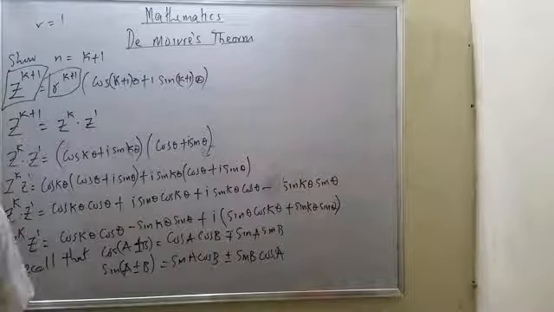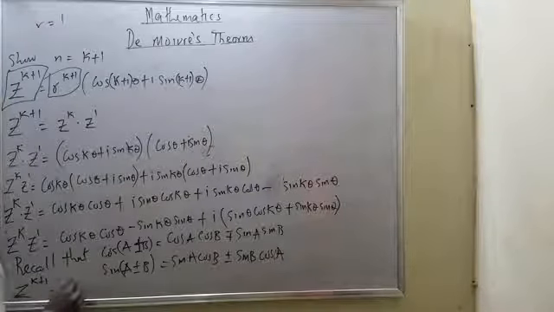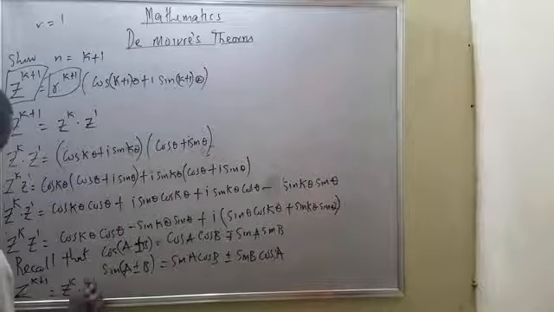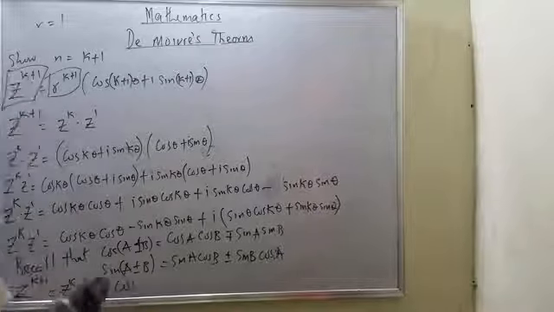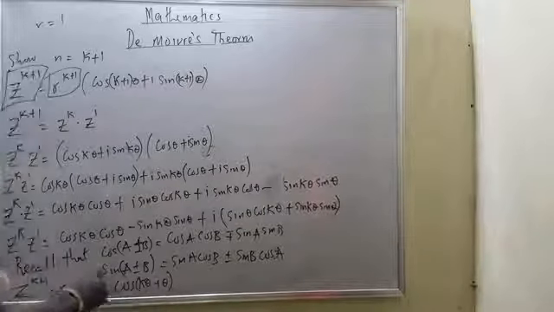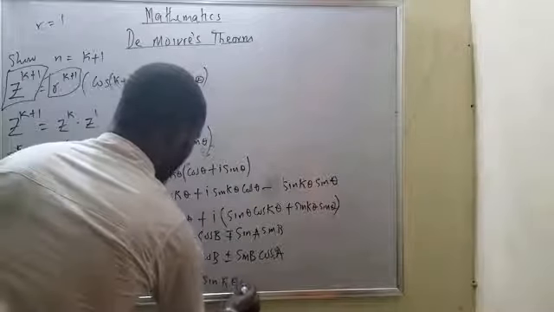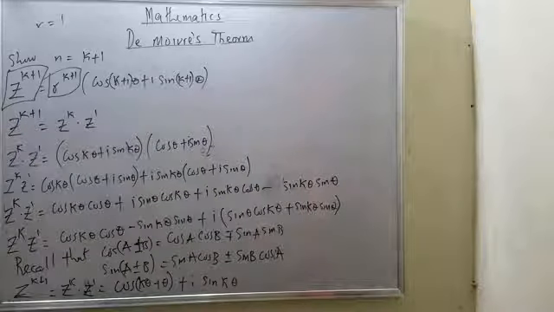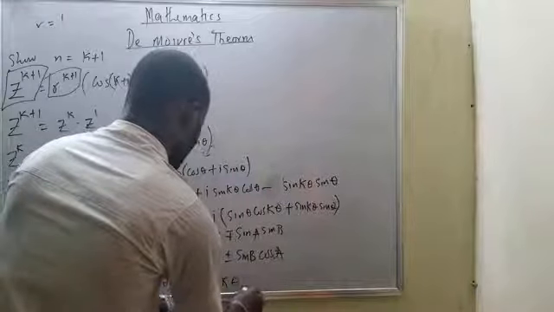I can say that z to the k plus 1, which is the same thing as z to the k times z to the power 1, will be equal to, with the help of this trigonometry, cos of k theta plus theta, plus i sine of k theta plus theta.